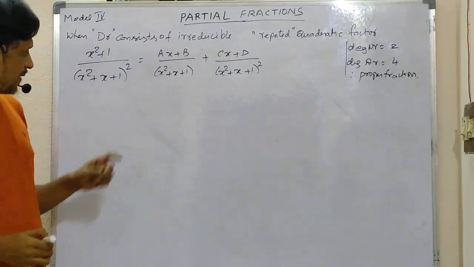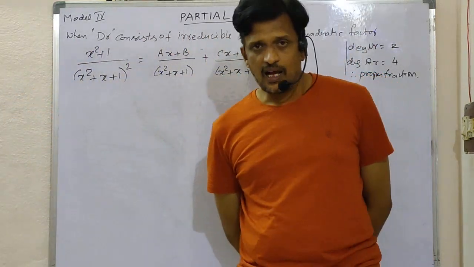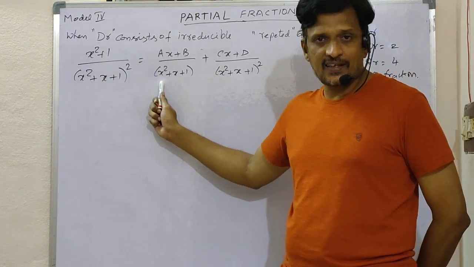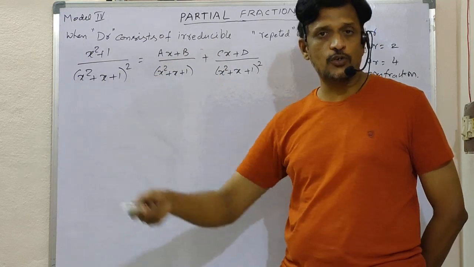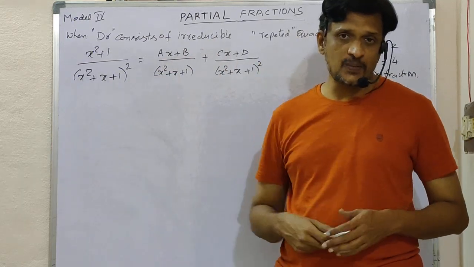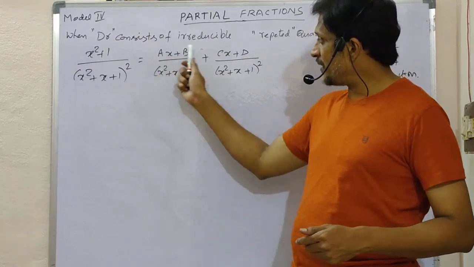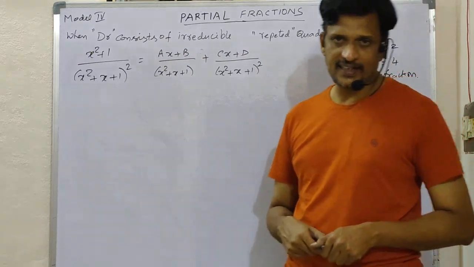So ax plus b by quadratic factor whole power 1. Otherwise you can suppose that a1x plus b1 by quadratic whole power 1 plus a2x plus b2 by quadratic whole square plus a3x plus b3 by quadratic whole cube, like this up to anx plus bn by the quadratic whole power n.